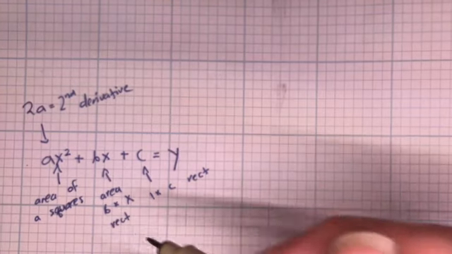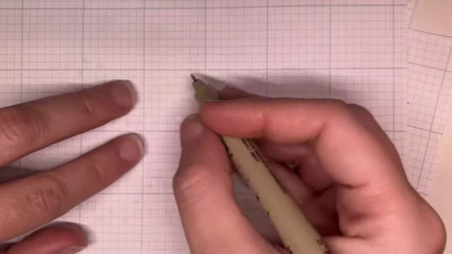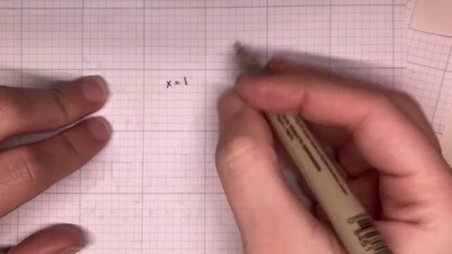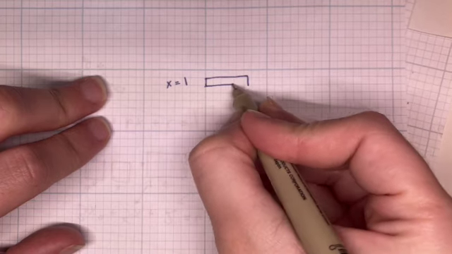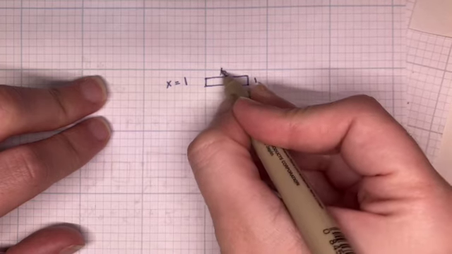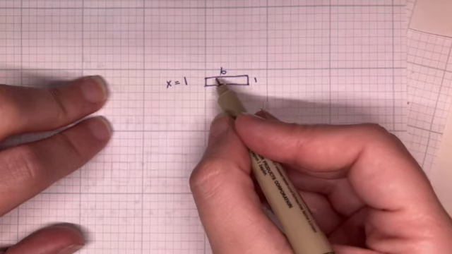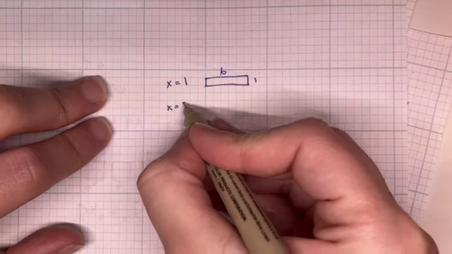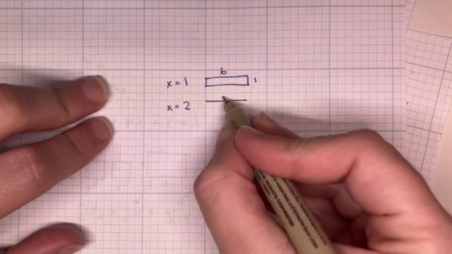Now let's look at how bx grows. So to investigate that, I'm going to make a little table here. When x equals 1, we would have a 1 by b square, 1 by b. So if b was 3, we would have 3 squares. If b was 4, we would have 4 squares. When x equals 2, well, then we'd have a b by 2.